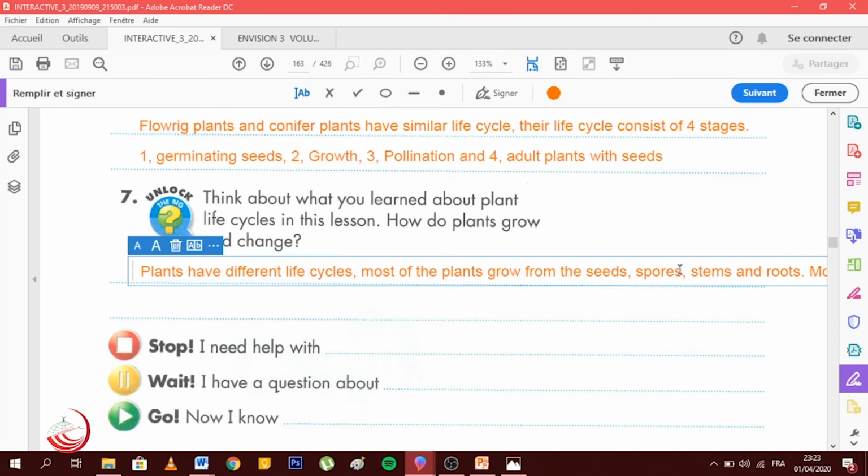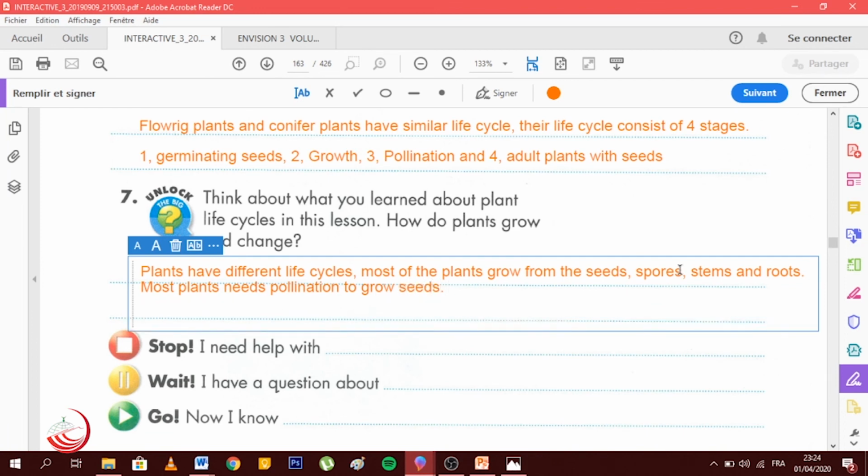And also most plants need pollination to grow seeds.